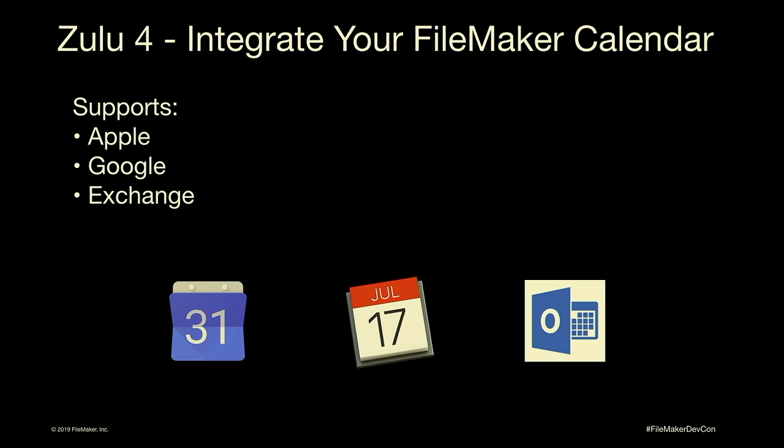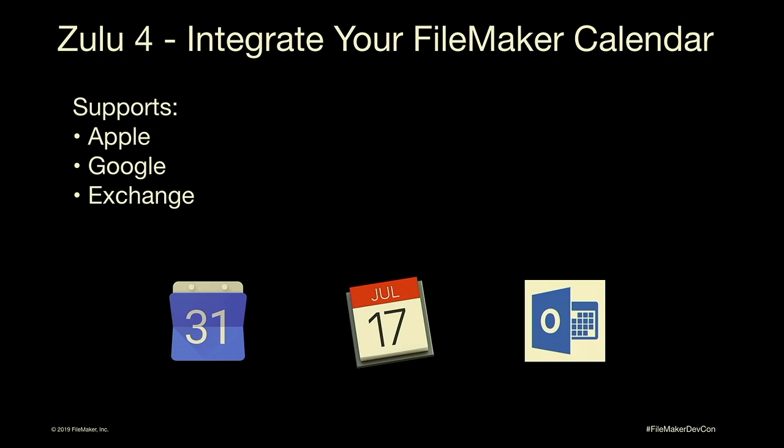So for those that don't know, Zulu lets you integrate FileMaker with the calendar application of your choice. Say you've got a scheduling component in your FileMaker database where you're managing events. Zulu can take those events and push them to Apple Calendar, Google Calendar, or Exchange Calendar.